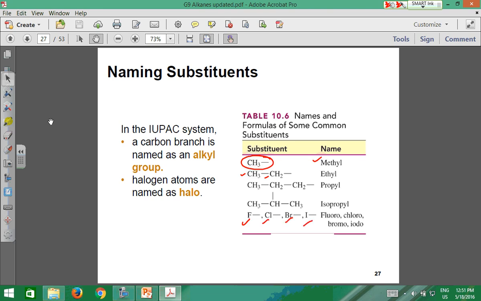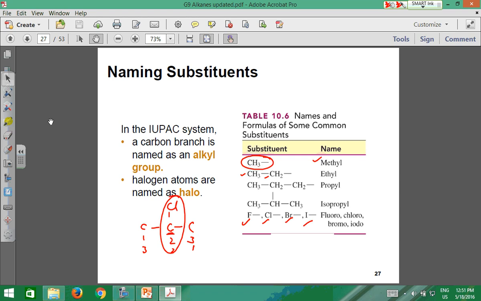For example, I have three carbons here and I put just chlorine here. So the name will be 2-chloro because the position of this chlorine joining to the carbon is second. 1, 2, 3. Or if I count from here, 1, 2, 3. So it is second position.